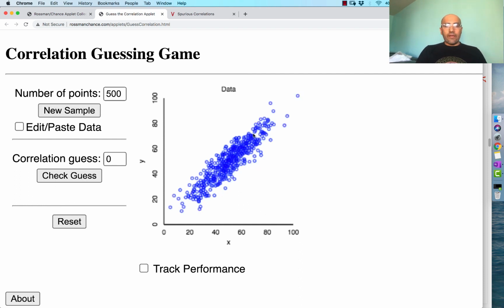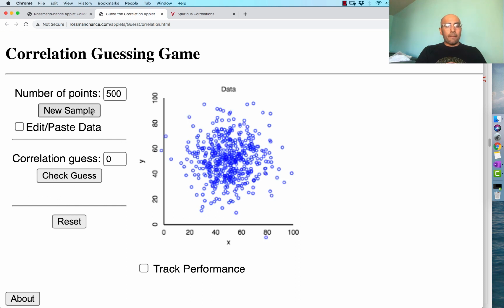Oh, that's a very strong positive linear relationship, right? I'm going to guess that this has an R value of 0.92. Ooh, 0.909. I'm getting really good at this game. Ooh, that looks like random chaos. It's not linear. It's not anything. I'm just going to guess 0. 0.008. Okay, so I think you get the point now.